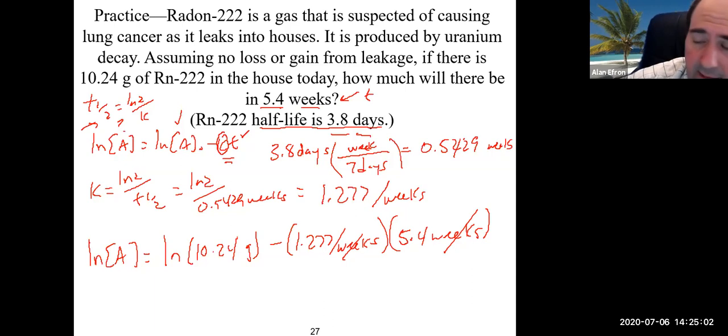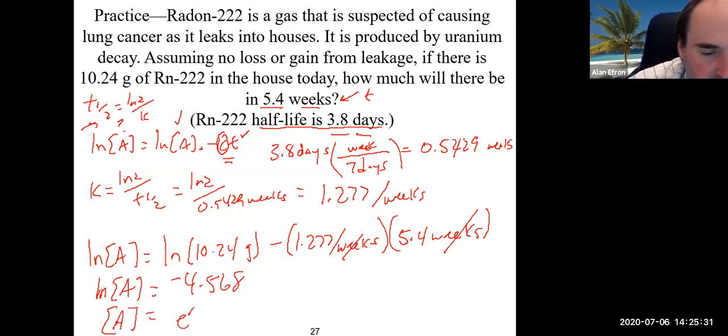It should all come out the same in the end. So 1.277 times 5.4 is about 6.89, and natural log of 10.24 minus that gives us natural log of A equals minus 4.568-ish.